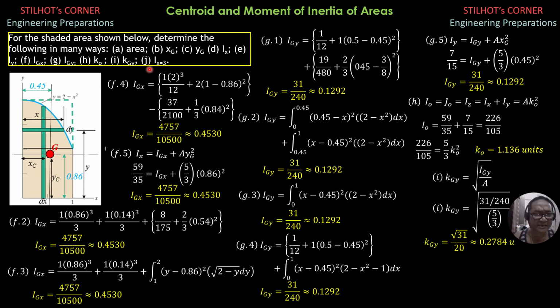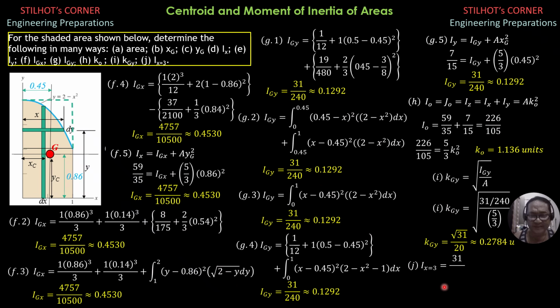Then finally, I with respect to x equals 3, we have to use the transfer formula. x equals 3 is somewhere here, 3 units from the y-axis, so it is vertical. Therefore, by transfer formula, it should be I_GY of the entire section plus area of the entire section times distance squared. The distance between x equals 3 and the centroid, since x_G is 0.45, is 3 minus 0.45, and we're going to square that.